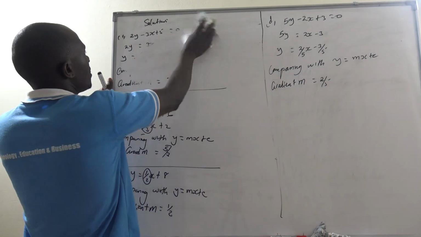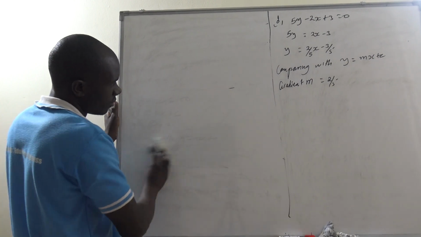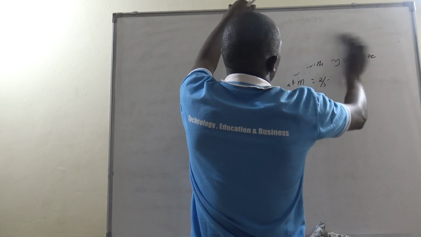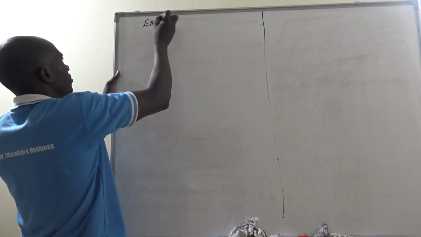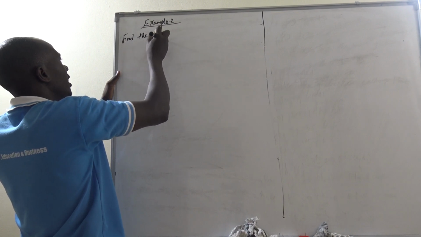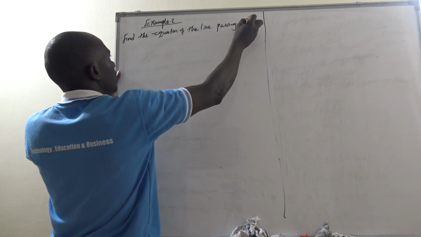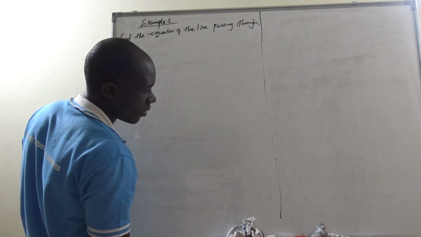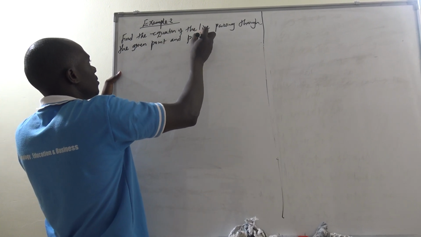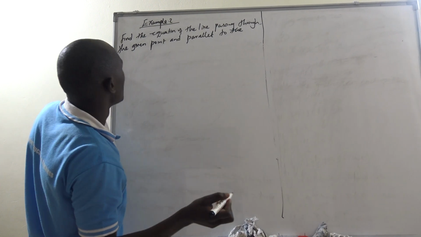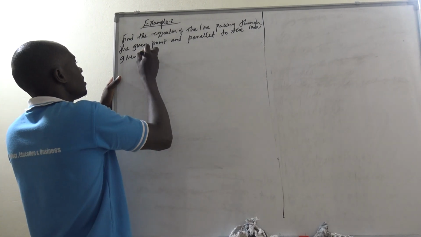Then we move on to another example where we are required to find the equation of the line passing through the given point and parallel to the line given in the following cases.